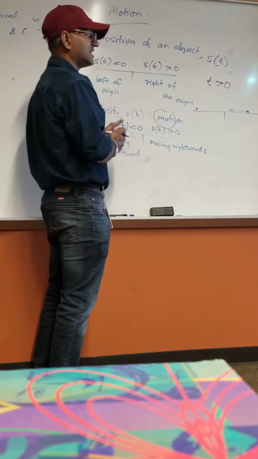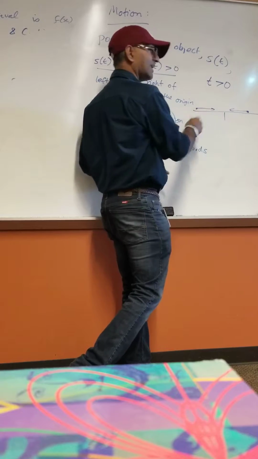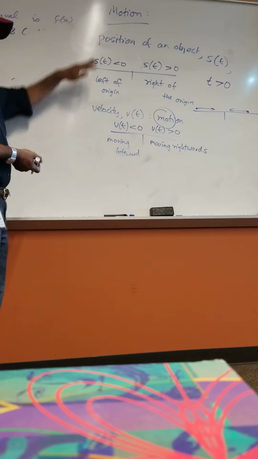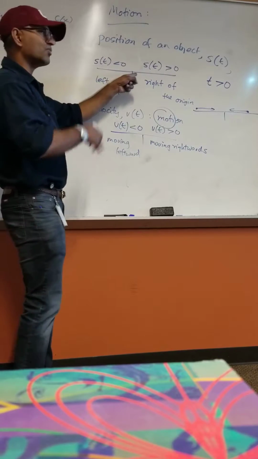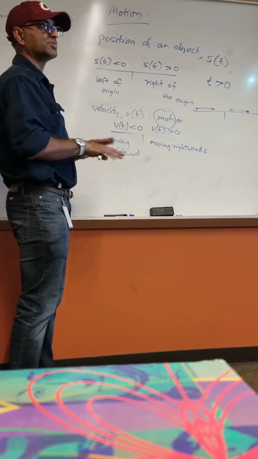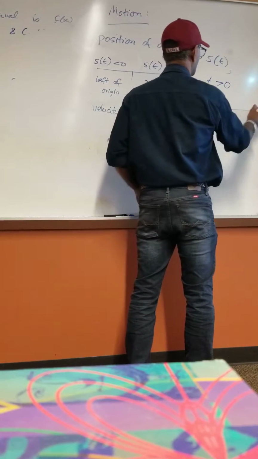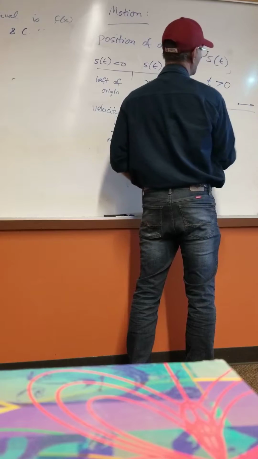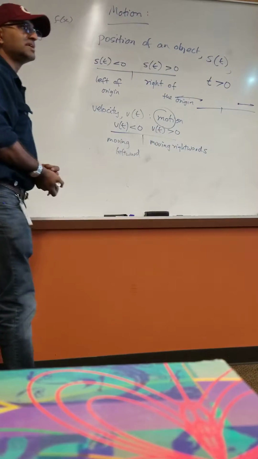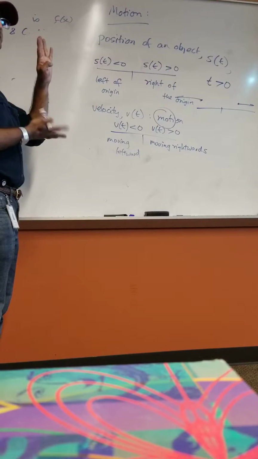In other words, the position is negative, but moving rightward, so velocity is positive. Is everybody okay with that idea? They are two very different ideas. This tells you where you are. This tells you which direction you are moving. And likewise, can I be right and moving rightwards? Or can you be left and moving leftward? That's possible too. So are there basically four possibilities? Is that common sense?